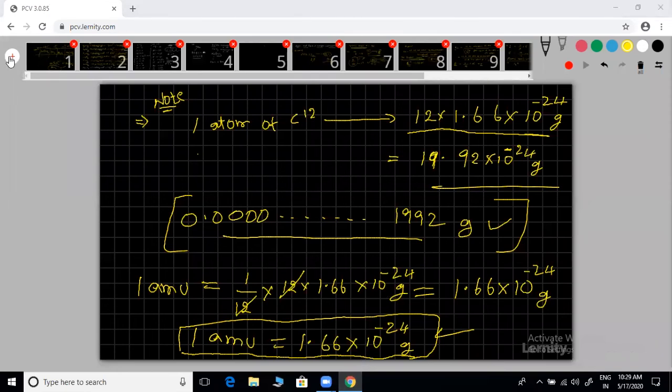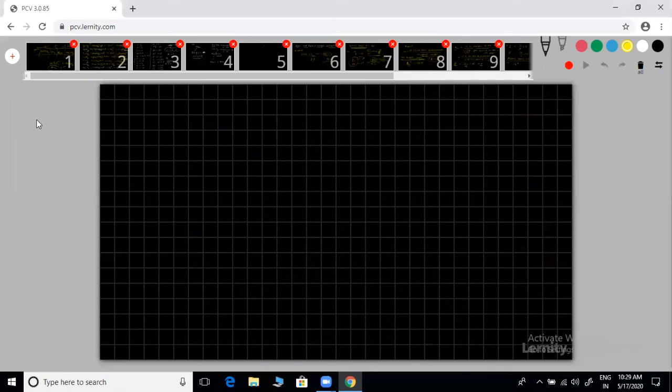Now note down: again the atomic weight definition they redefined. After finding the AMU value, they redefined atomic mass or atomic weight of elements. Can you note down that point? Atomic weight can be redefined in terms of AMU.